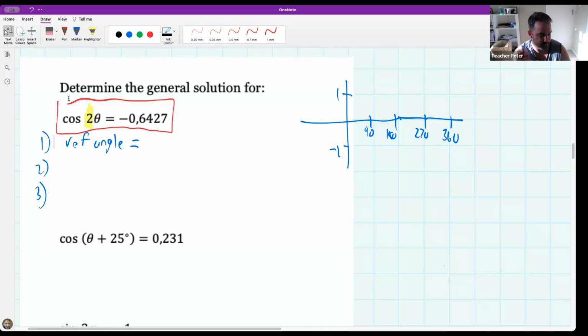Who can give me a reference angle? Following the ideas that we followed so far, right? Now, the important bit is you need to ignore the negative.